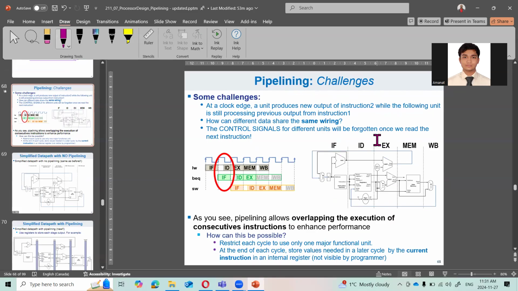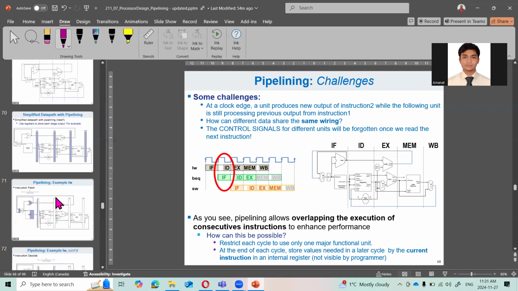Okay, but there are some challenges when we do pipelining. So we will look at the challenges. I will describe the challenges.